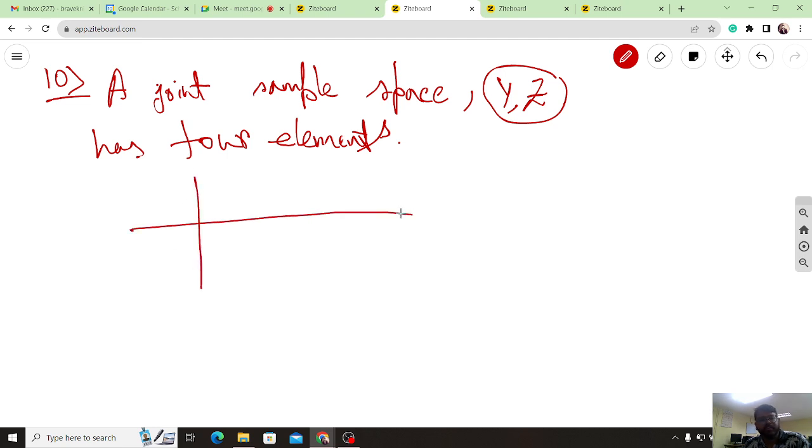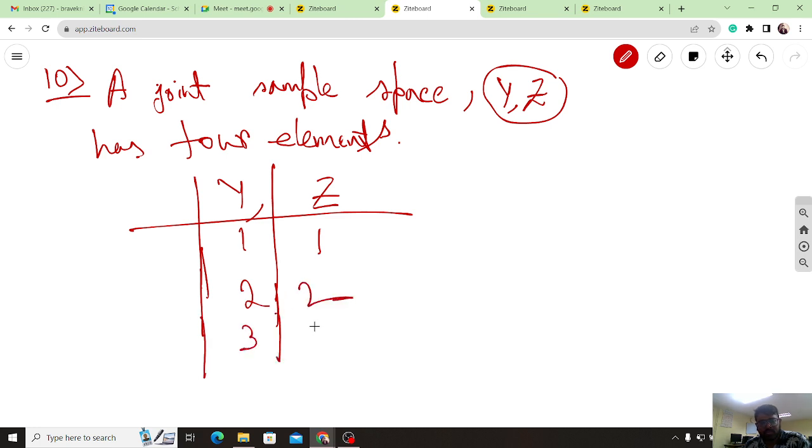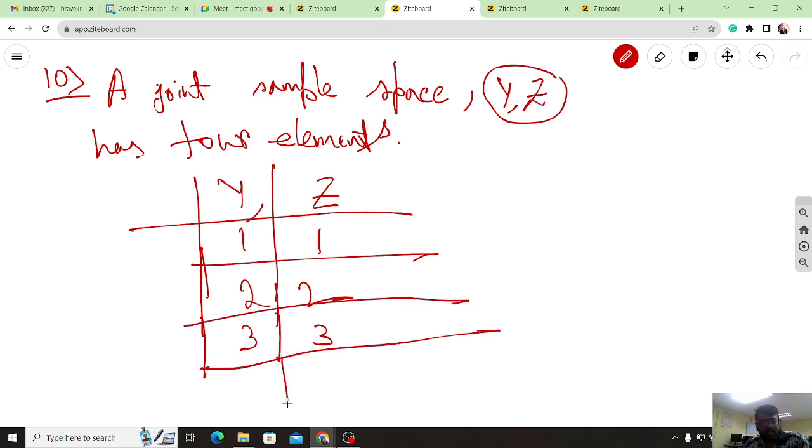So let me write it, y and z. The first is both can be 1, second is both can be 2, 3, and 4, 4.